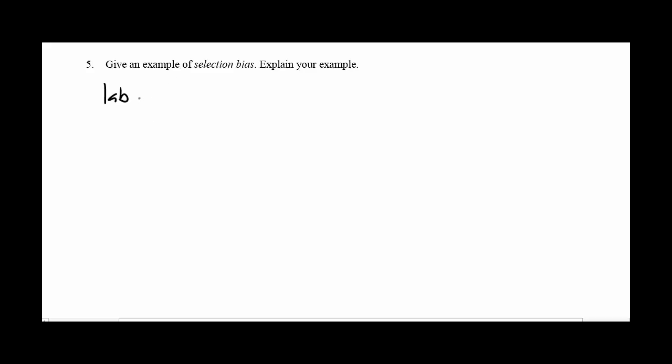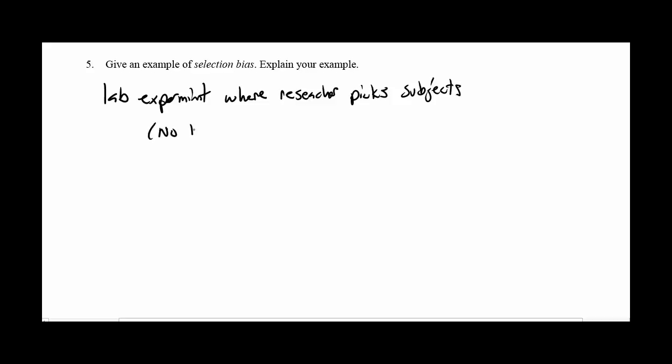So a selection bias would be a lab experiment where the researcher gets to pick the subject. In other words, there's no blinding on the researcher's part.